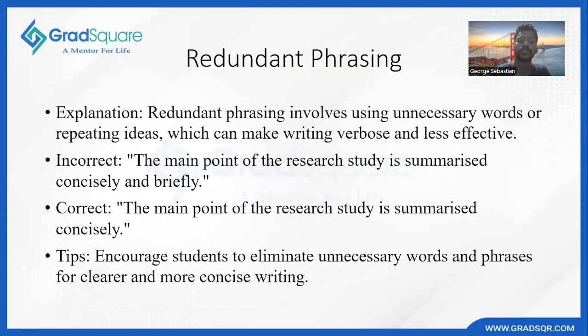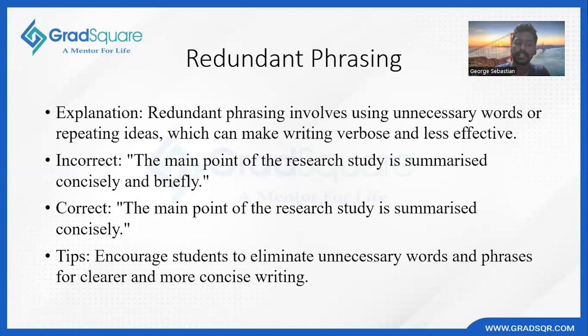Now moving on to the next one, which is the usage of redundant phrasing. This involves using unnecessary words or repeating ideas, which makes writing verbose and less effective. Repetition is a major flaw in academic and also in professional writing. For example, the sentence says, "The main point of the research study is summarized concisely and briefly."